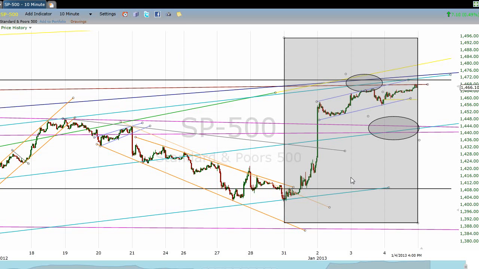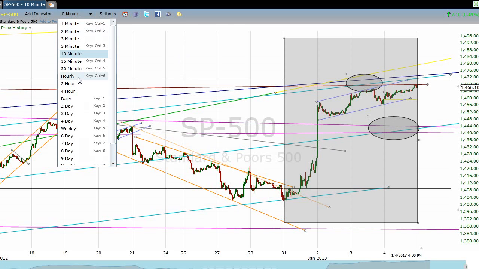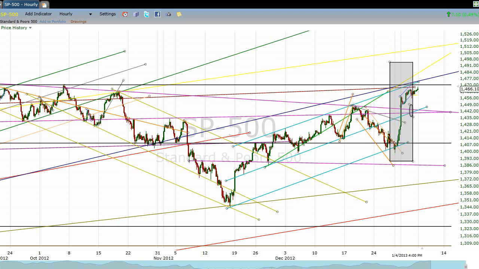Now, one of the reasons why I didn't think we'd get up that high was we had two what should have been fairly strong level areas of resistance at the 1440 and 1444 levels, and those were due to a neckline on what we've been looking at as an inverted head and shoulders pattern.